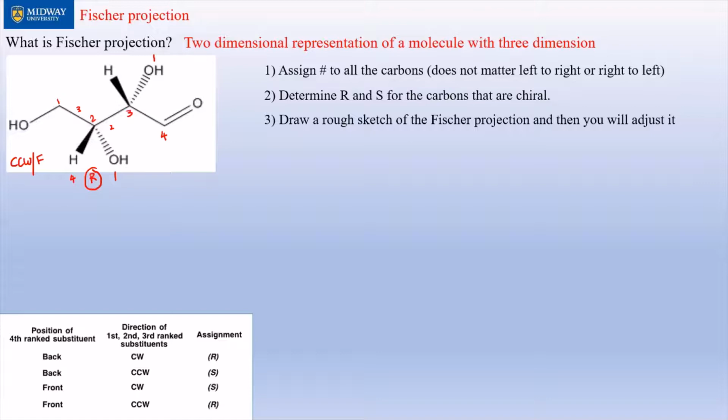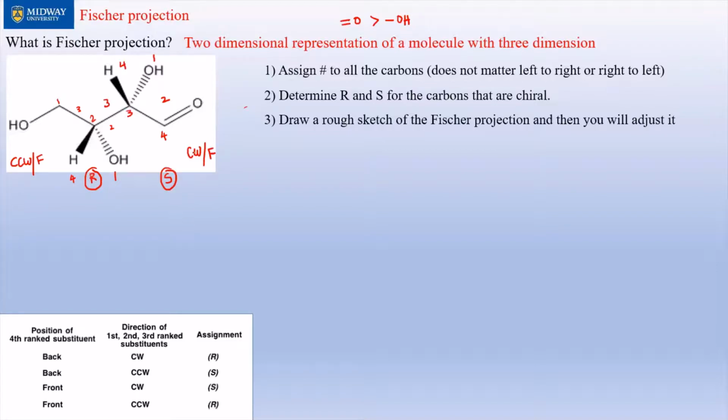No, this C is attached to a double bond O. Double bond O takes precedence over single bond OH, which is why this is 2, this is 3, and this is 4. So that means it's clockwise, right? And front, which is S.